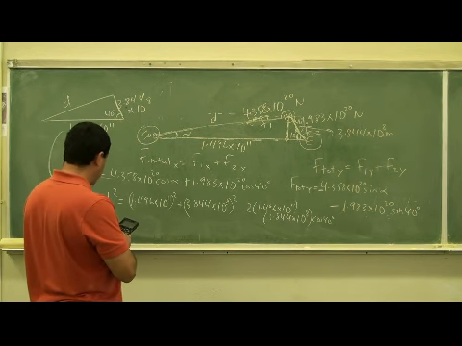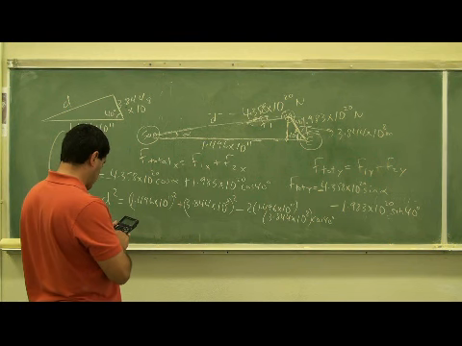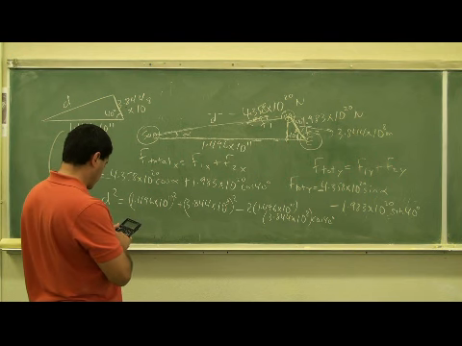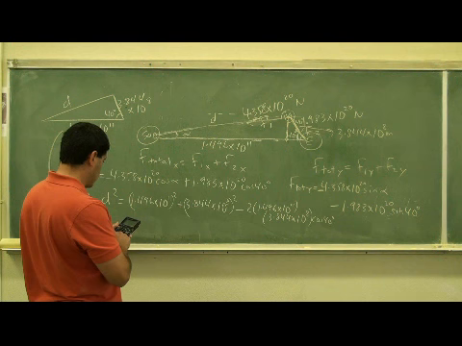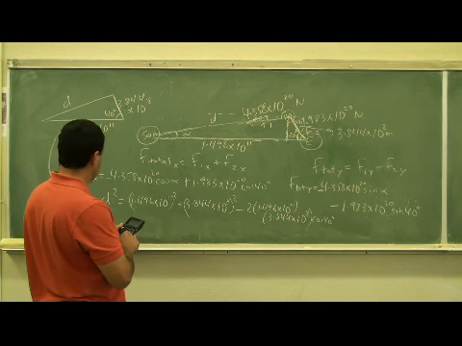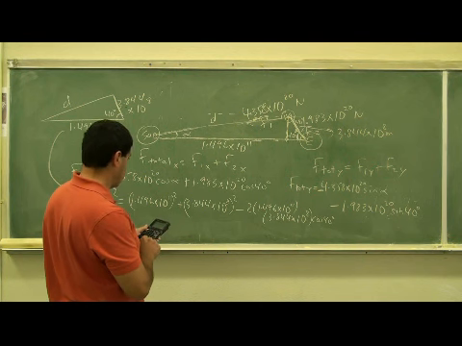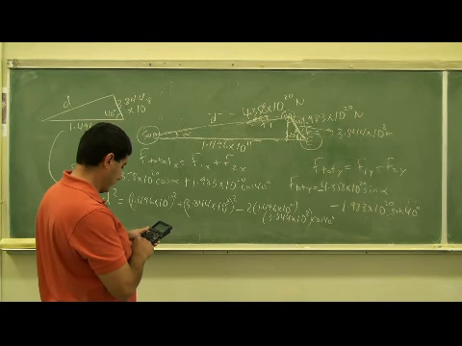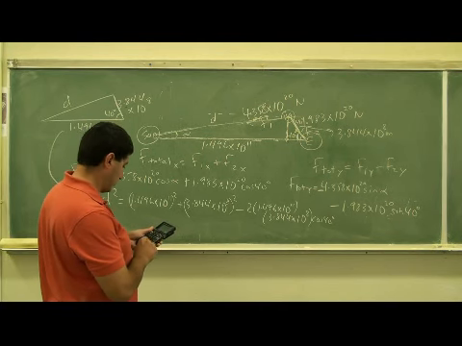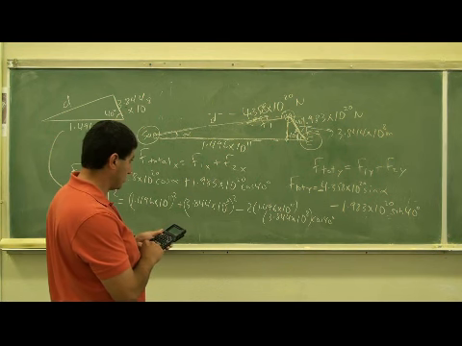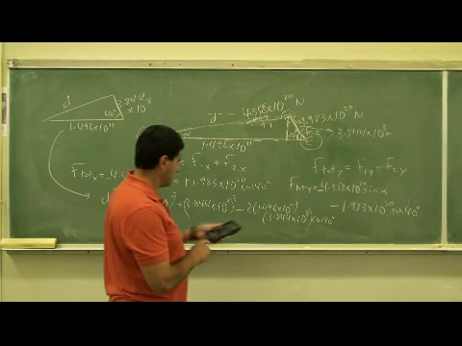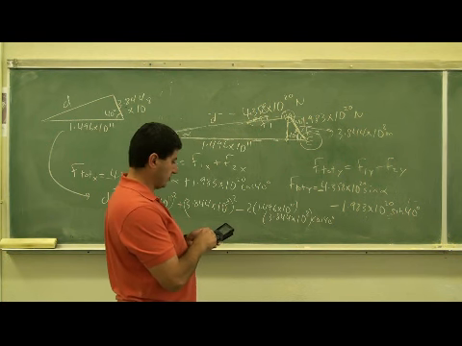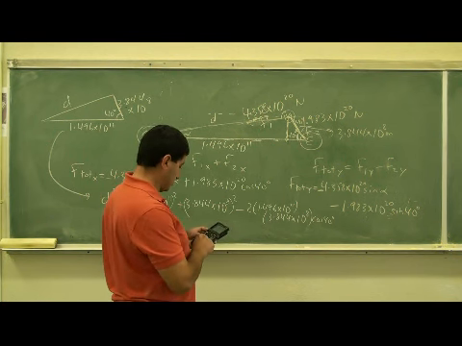So you go 1.496 times 10 to the power 11 squared plus 3.844 squared times 10 to the power 16, minus 2 times 1.496 times 3.844 times 10 to the power 19 times, let me make sure I'm in degree mode, cosine of 40.